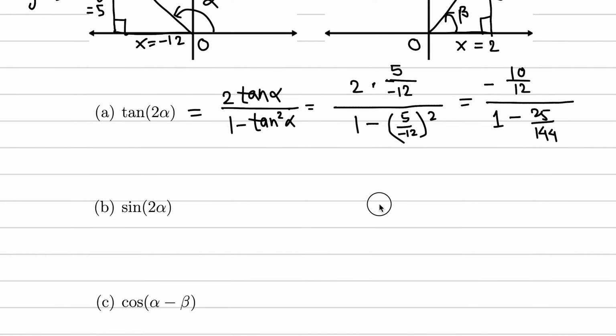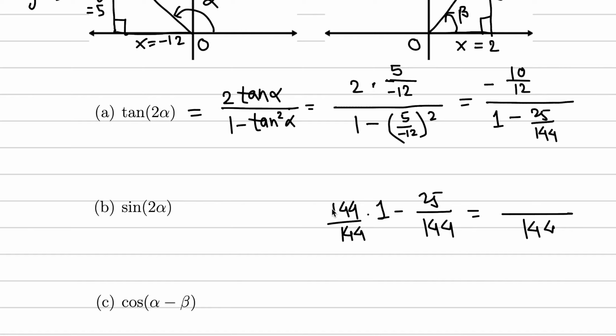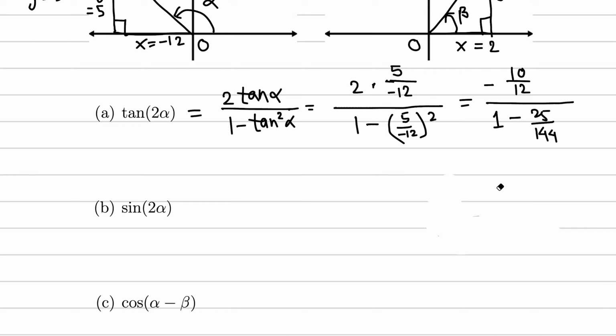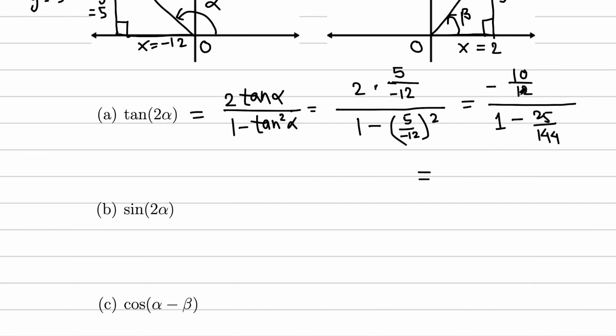So let's simplify this and we need to divide. What is 1 minus 25 over 144? We can multiply by 144 on the top and bottom for a common denominator of 144. So 144 minus 25 is 119. So this is 119 over 144. Let me write here on the top negative 10 over 12. At the same time the bottom is 119 over 144.